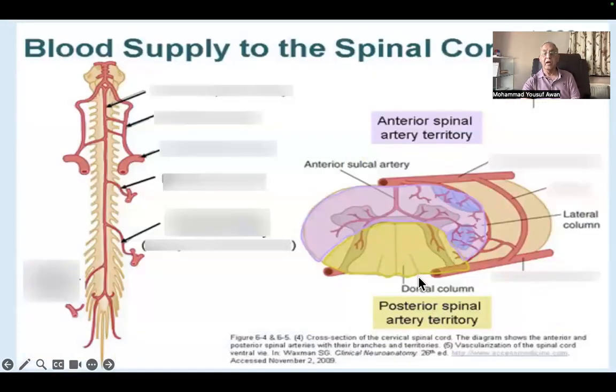So this is the anterior part and this is the posterior part. The anterior spinal artery supplies 2/3 of the spinal cord, and the posterior spinal artery supplies just one part of the posterior 1/3. And you can imagine reminding yourself of the tracts which are located in this part of the spinal cord.